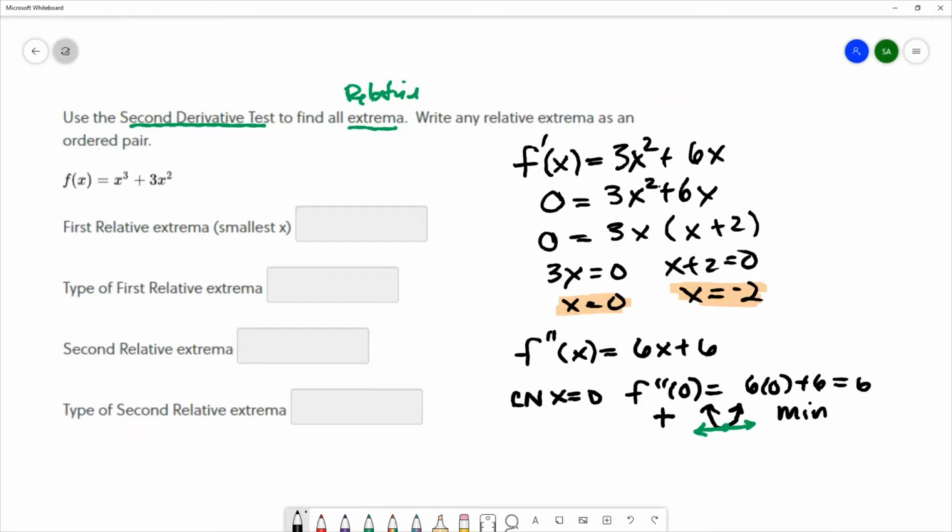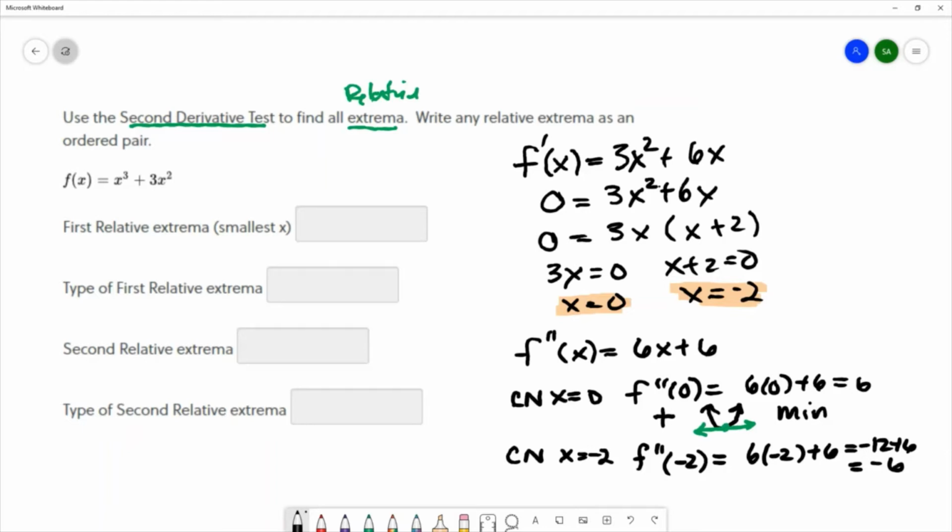And then we'll do the same thing with the other critical number of x equals -2. We substitute that into the second derivative, and that's going to give me 6 times -2 plus 6, and that's -12 plus 6, and that's -6.